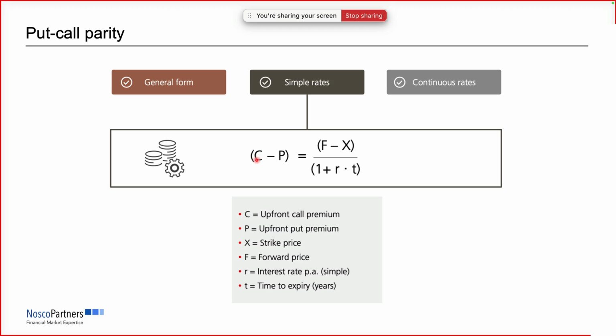The call is too cheap relative to the put, because this number here, C minus P, 5, is too small relative to the number on the right side. So to pop it up, you would have to increase the value of the call. So that is put call parity, right? The only other thing, if you open a book, is that it could be written with continuous rates instead of simple rates, but that's just how you consume interest rates then.